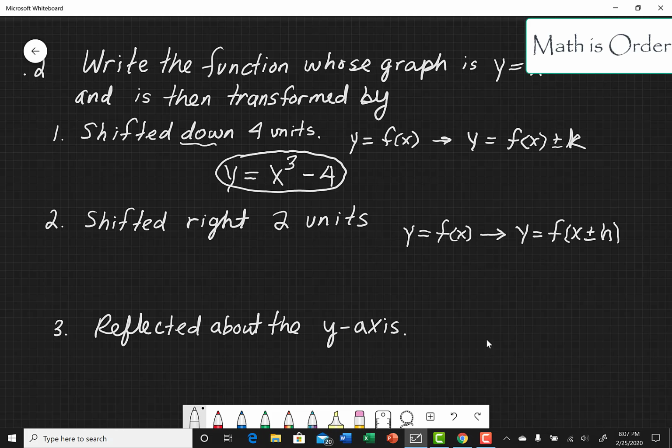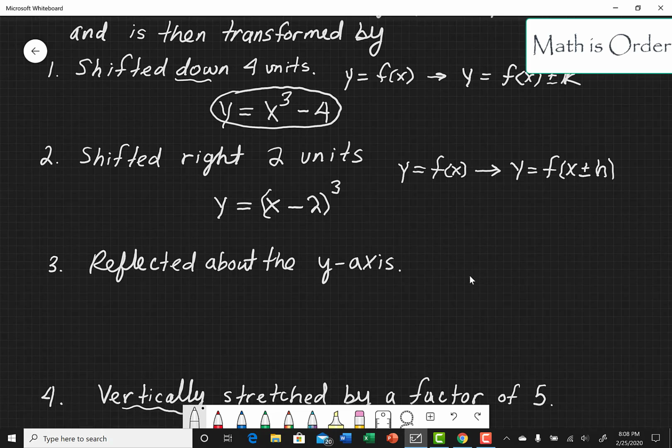Now we go plus if it's shifted to the left, we go x minus h if it's shifted to the right. In our case, we're shifting to the right 2 units. So our transform function is going to become y equal x minus 2 cubed. All right, let's move to the next.